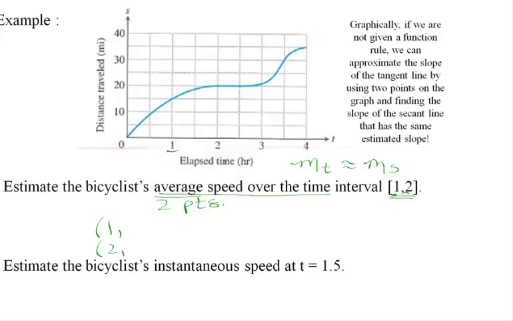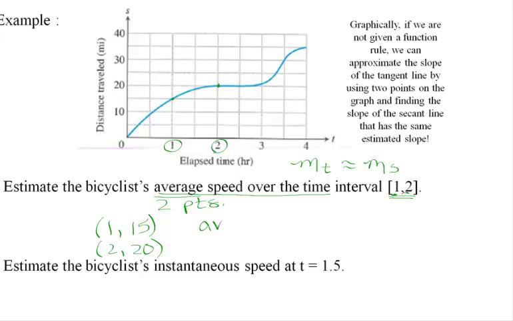But what I do have is a graph that will tell me what the outputs of the function are at those 2 inputs. And I can tell by looking at that graph that when t equals 1, the distance traveled is 15. There's 1 point. When t equals 2, the distance traveled is 20.